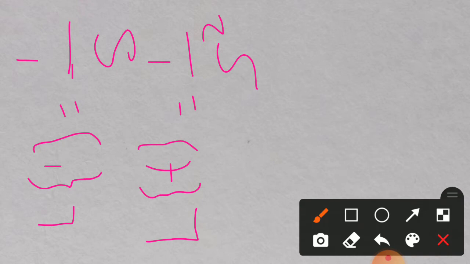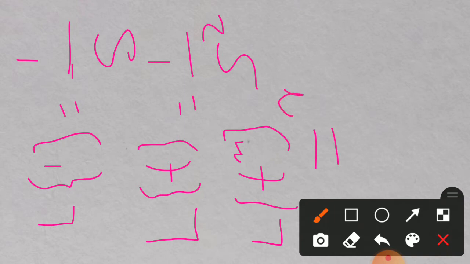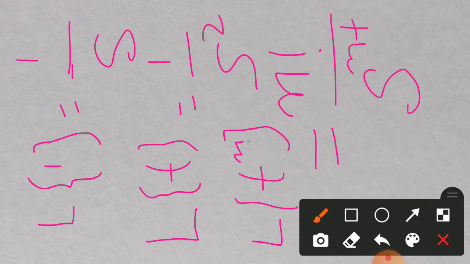Similarly, we calculated the Laplace transform of t raised to power n. Laplace transform of t raised to power n, we have proved it is equal to factorial n upon s raised to the power n plus 1.